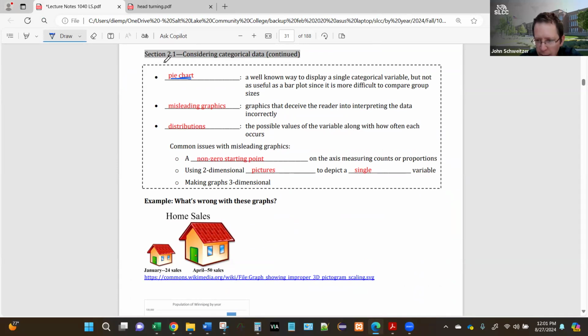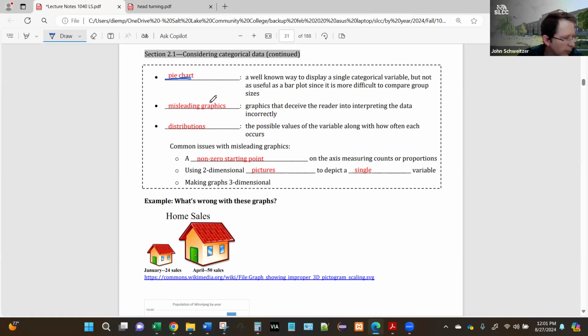You will see it used by newspapers, and you'll even see it in some scientific papers. But most statisticians try to avoid the pie chart a little bit for reasons that we'll discuss in a little bit. But I do want to mention it. It's a well-known way to display a single categorical variable. And so we'll look at the pie chart.